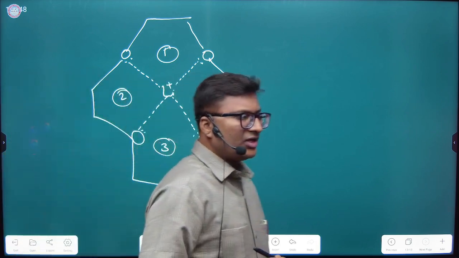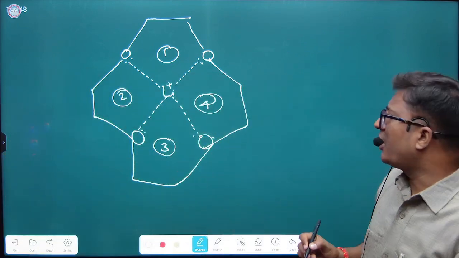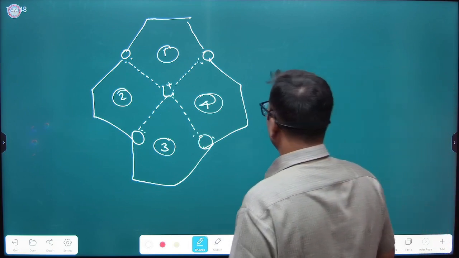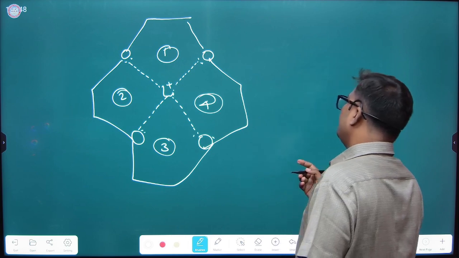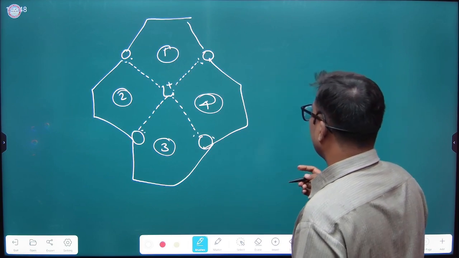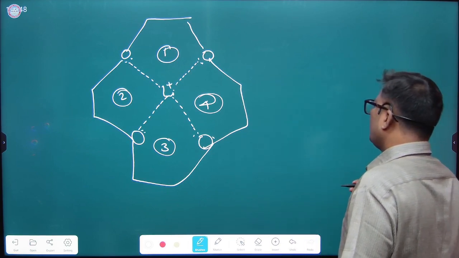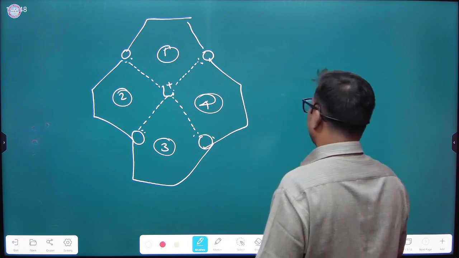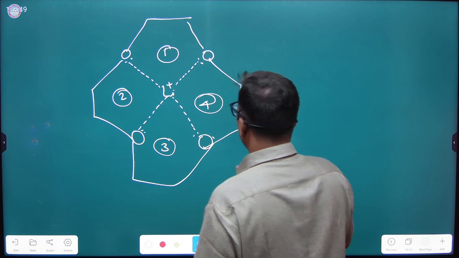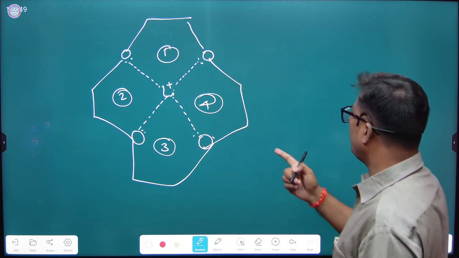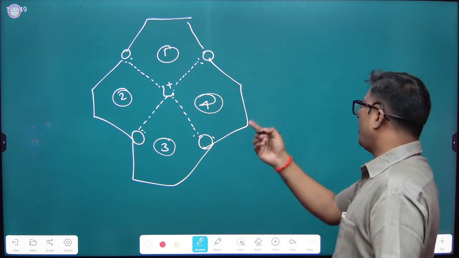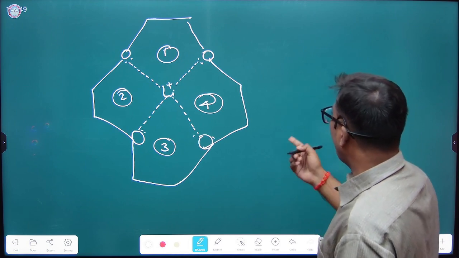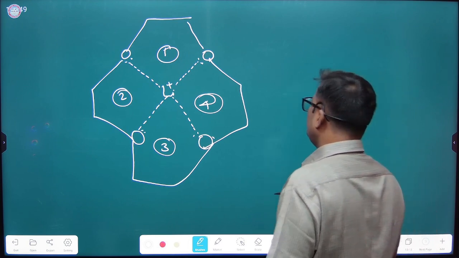Means if there is a ring-like structure in the ligand and metal complex, then it is called chelate. Means once the crown ether forms complexes with lithium cation, it forms chelate.